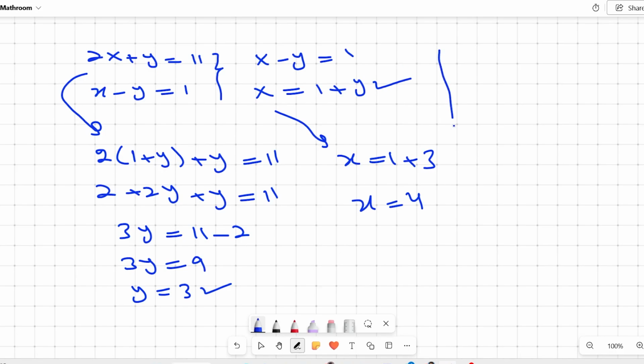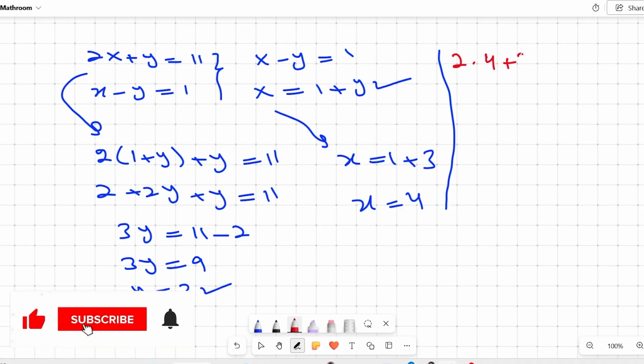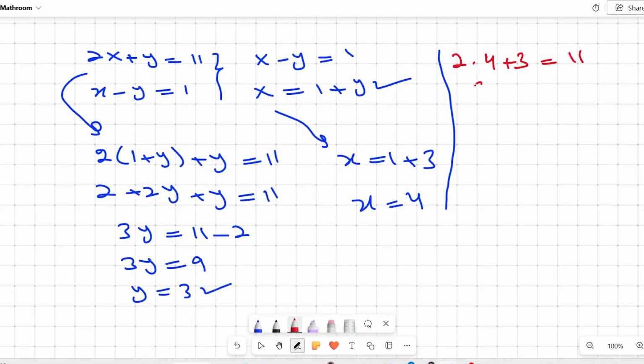Let's check whether we have found the values correctly. Instead of x, we write 4, and instead of y, we write 3. The first one: 2 times 4 plus 3 equal to 11. 2 times 4 is 8. 8 plus 3 is 11. 11 equals 11.